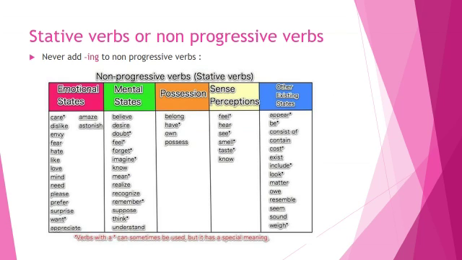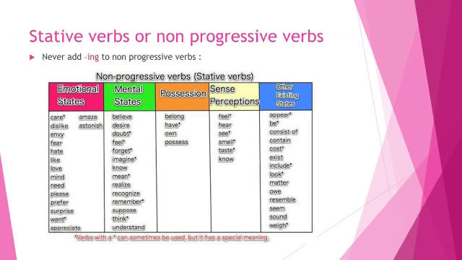We have stative verbs or non-progressive verbs, so we never add the -ing form to these verbs. For example, emotional states like care, dislike, envy, fear, hate, like, love, mind, need, please, prefer, surprise, want, appreciate, amaze, astonish.